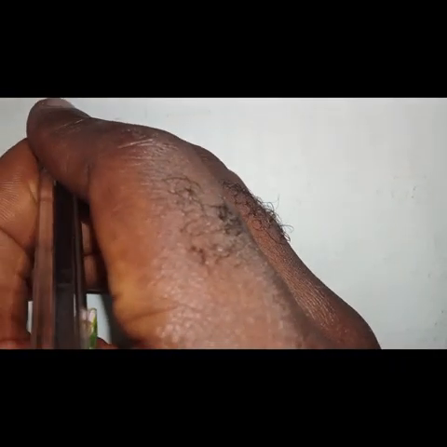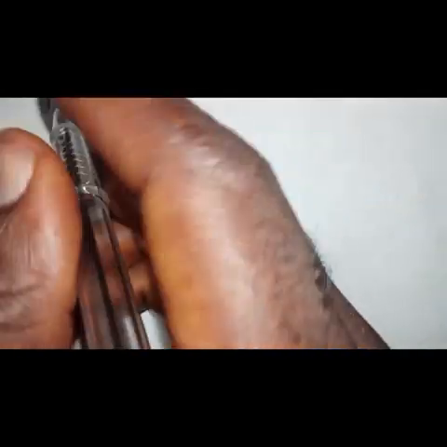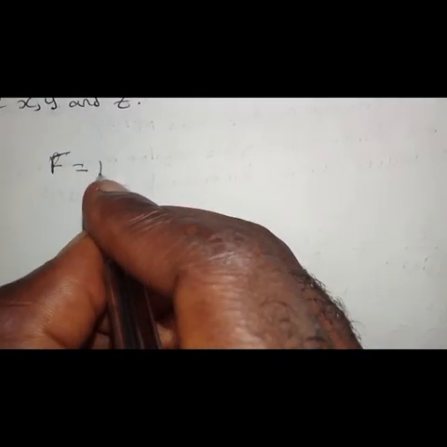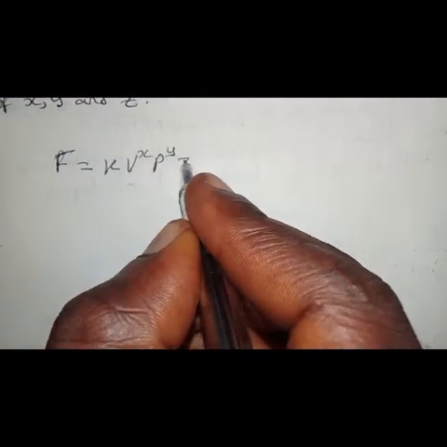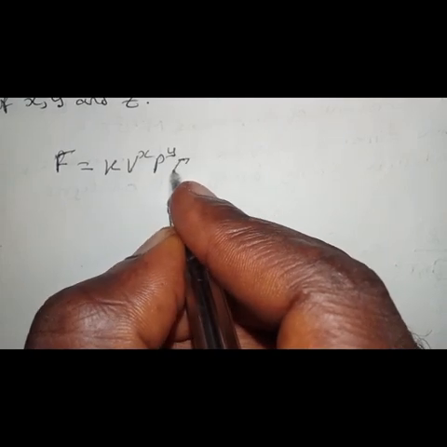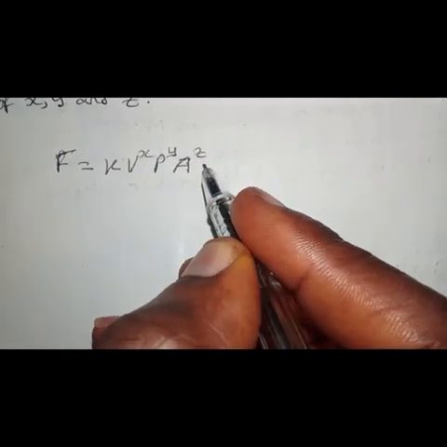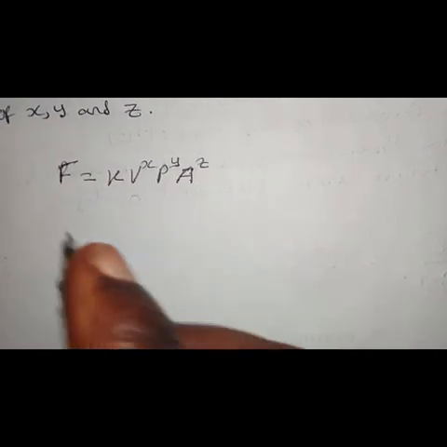We have F is equal to k v raised to power x p raised to power y a raised to power z, and we know what all these quantities represent.